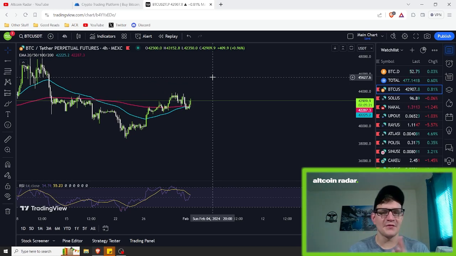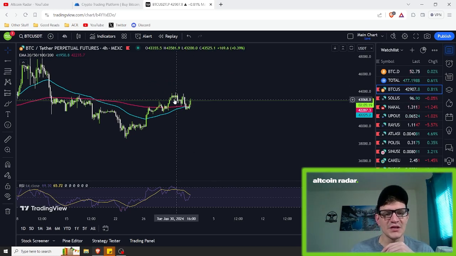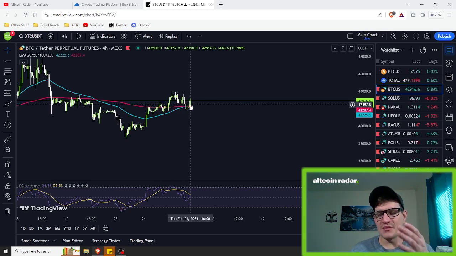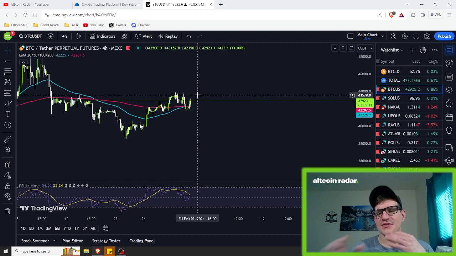That is the reversal I'm talking about, because we just spent a little bit of time going downwards, but it would be nice to see us reverse direction and start going upwards again. So that is pretty much how you can use EMAs to identify various trend reversals as well, okay?